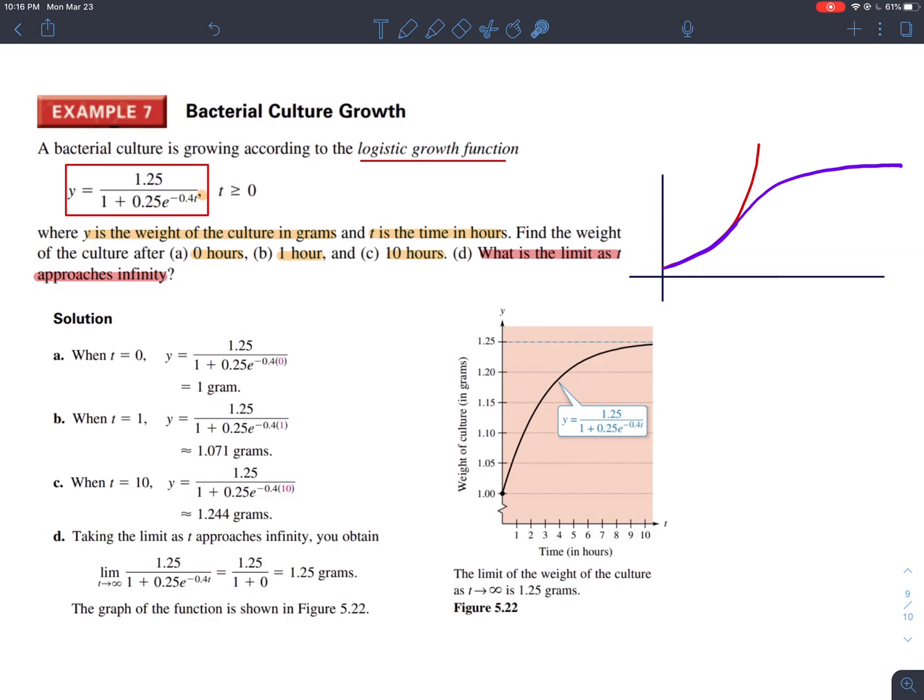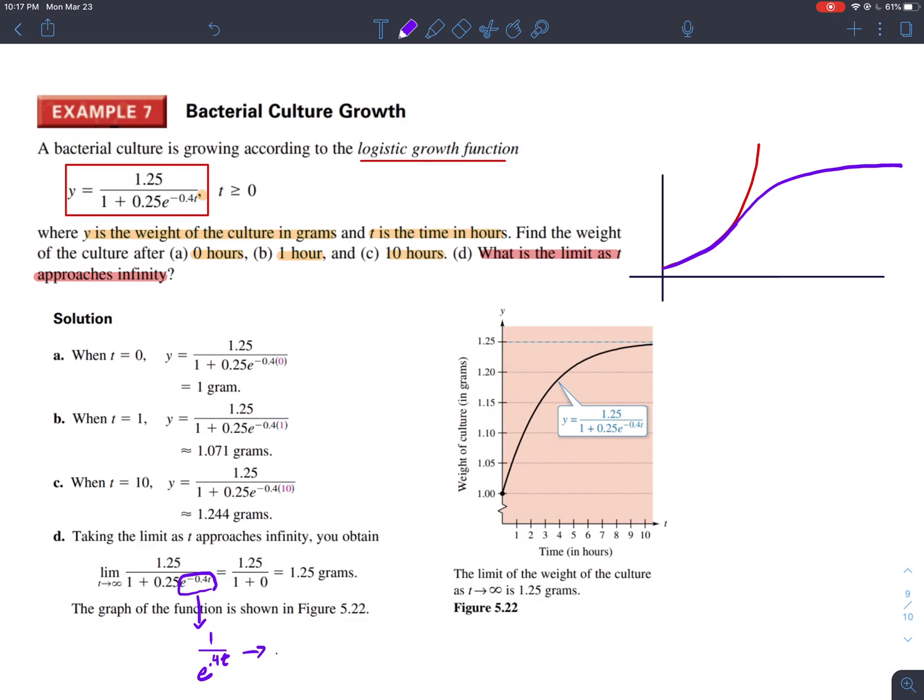If you let t get infinitely large, look where I'm pointing down here in this part D explanation. If t gets infinitely large, then this expression here, because it's got a negative exponent, is technically 1 over e to the positive 0.4 times t, where t is infinitely large.